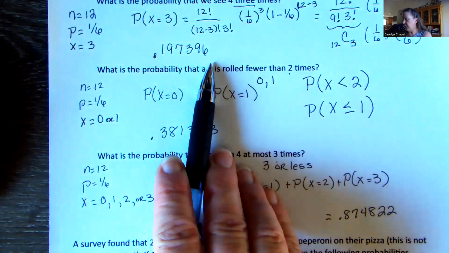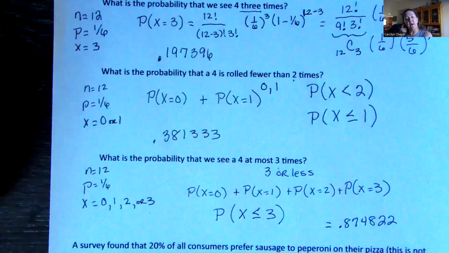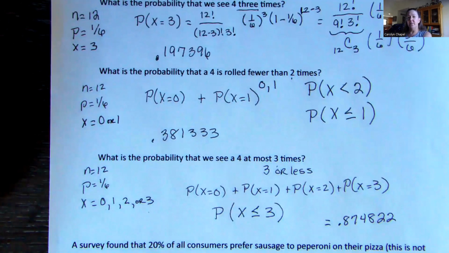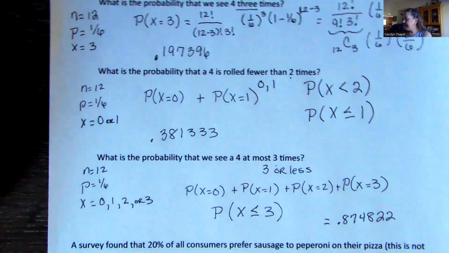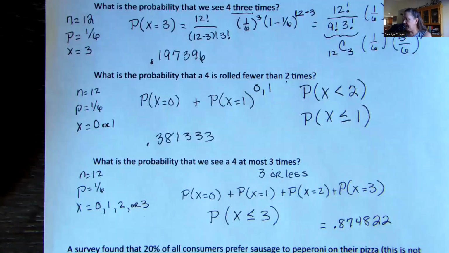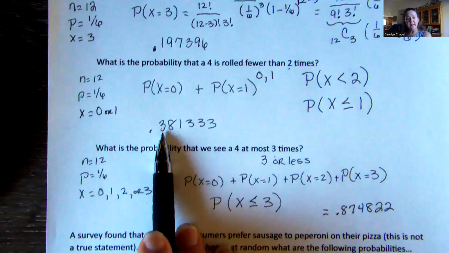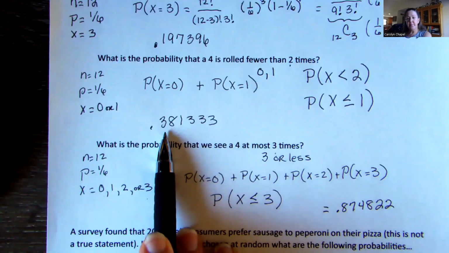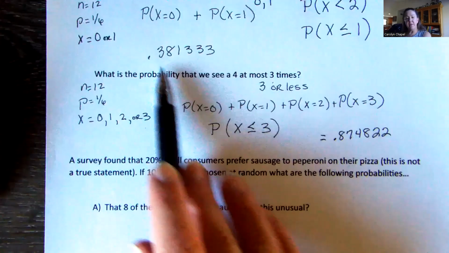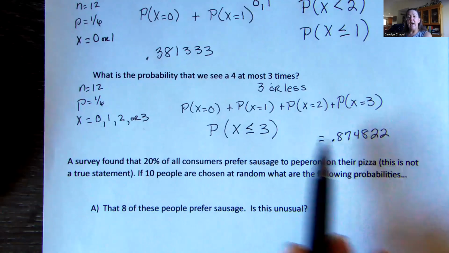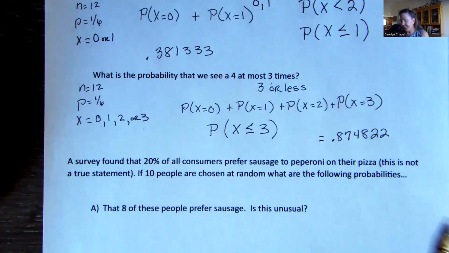These would be good ones for you to test when you're doing examples. So you can go into Excel yourself, go into StatCrunch yourself and see, can I get those? Test your formulas, see if you can get these values. Here's the one where we were strictly less than 2. And here's the value that we got when we were at most 3.